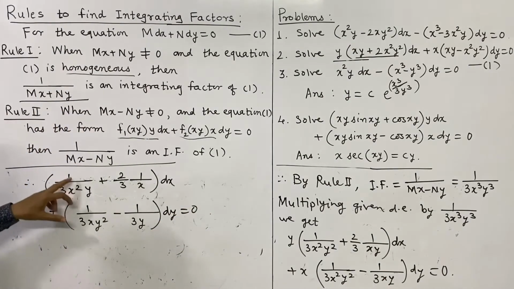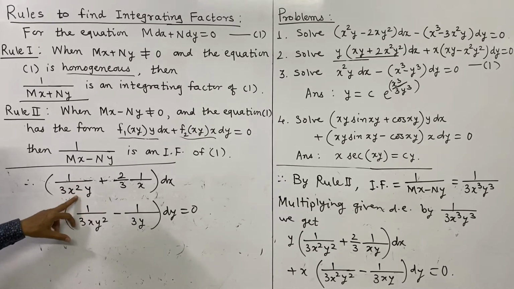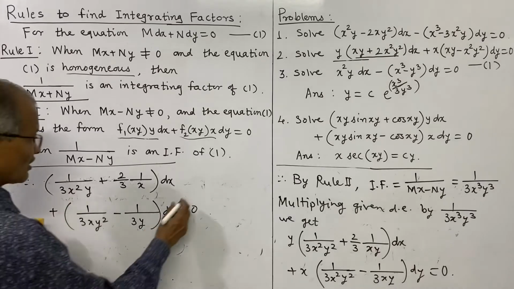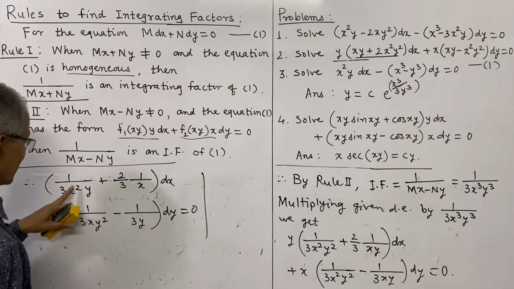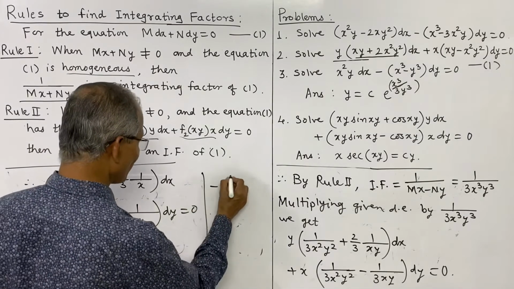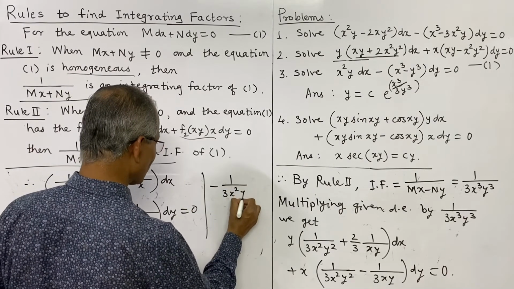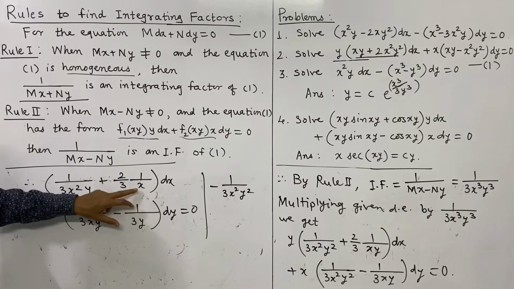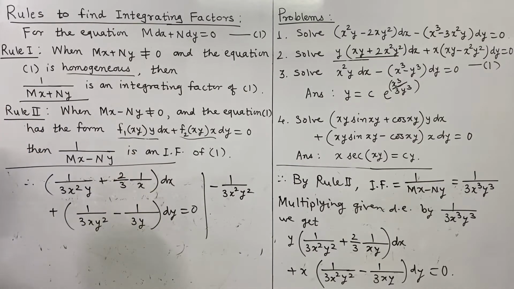Now the partial derivative of this with respect to y is to be obtained, and this term is constant, 1 upon 3x square is constant, and the derivative of 1 by y is minus 1 upon y square, so that will be minus 1 upon 3x square y square, and this term is constant with respect to y, so its derivative is 0.